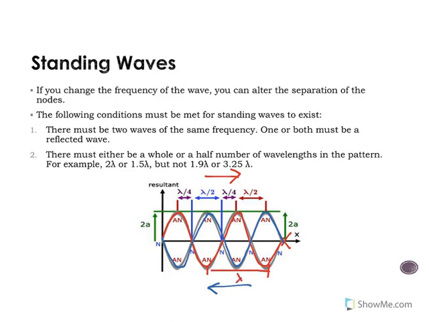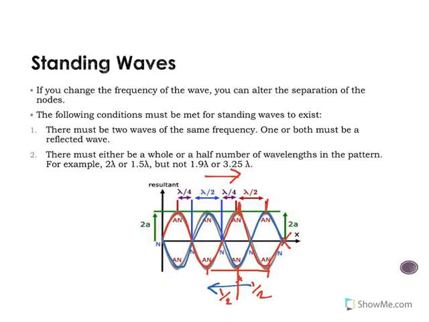So we can call the distance between each antinode 1 wavelength divided by 2, because if you met right in the middle here, it would just be half of a wavelength. So you can see that. That's why when they ask you for the distance between the antinodes, it's going to be your wavelength divided by 2.